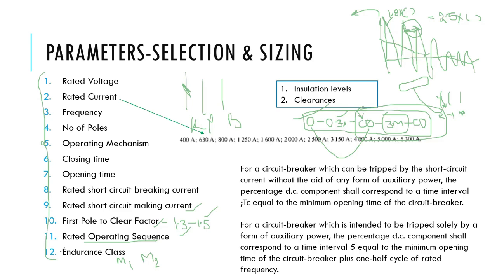The short circuit withstand capacity is 25 kA for 1 second, and the making current is 62.5 kA. And the operating sequence, oh sorry, for 33 kV: close, open, 3 minutes, close, open. That's enough. So that is a brief description of your breaker.